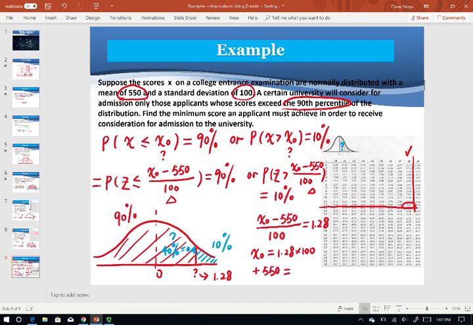So it equals 678. So any student who achieves this score, a minimum of 678, will be considered by the university. So that's all for this video.